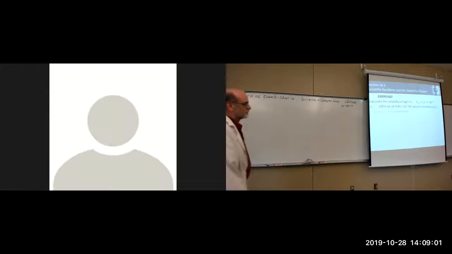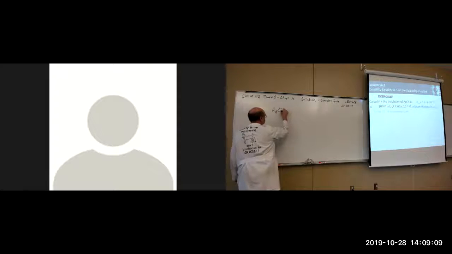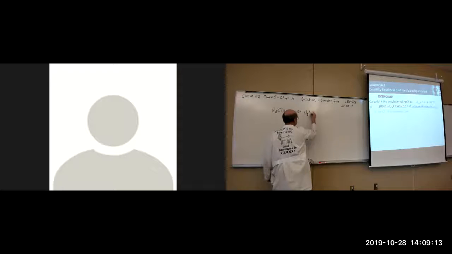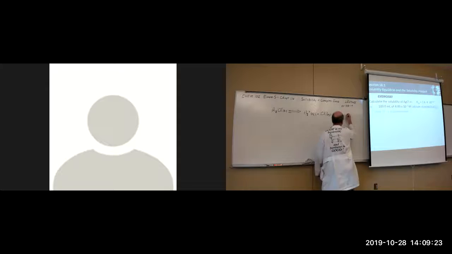Here's an example. Silver chloride dissolves by this mechanism, and the KSP solubility product is 1.6 times 10 to the minus 10.